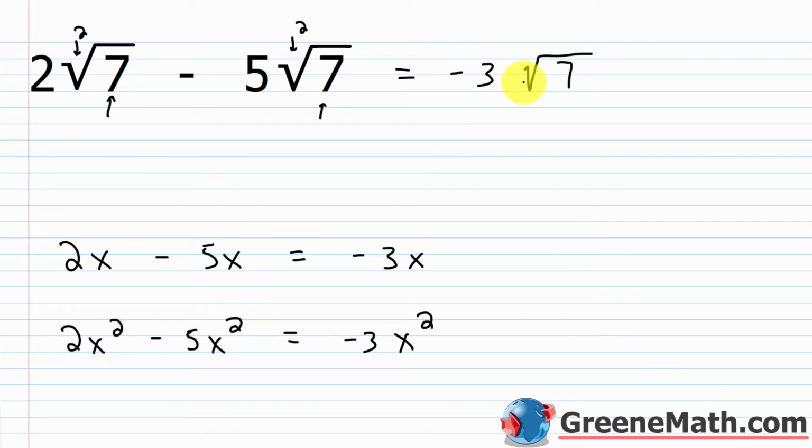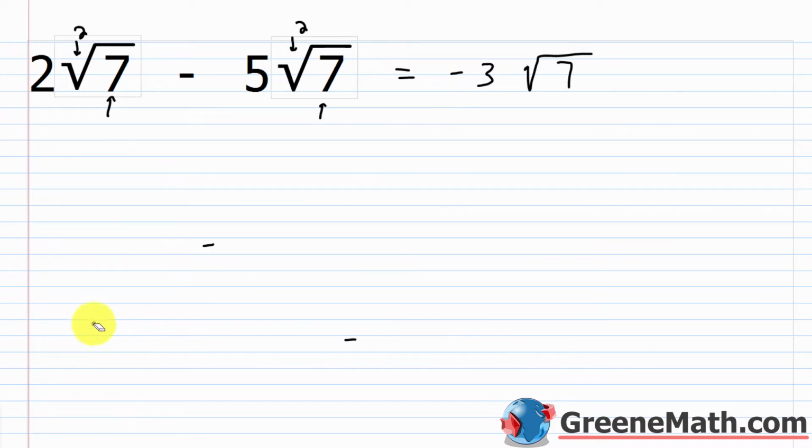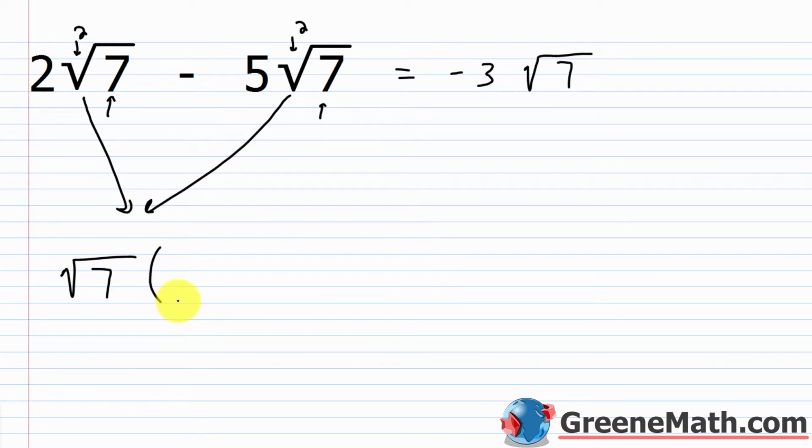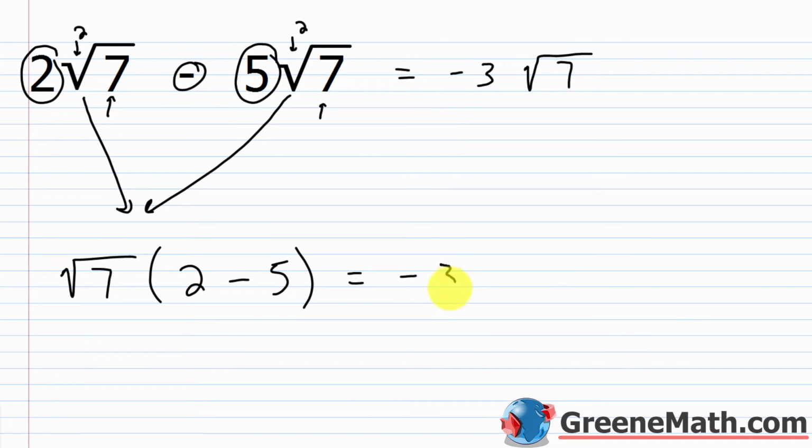Another way to look at this, if you wanted a more technical approach, is to factor out the square root of 7 from each. So I'd have the square root of 7 out in front, and what would be left inside? You'd have this 2, then minus this 5. Then 2 minus 5 is negative 3, multiplying the square root of 7.